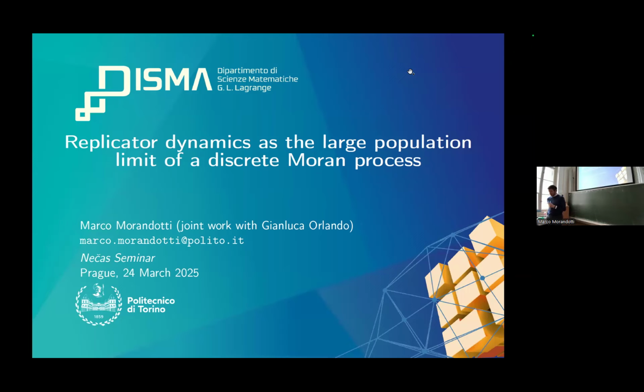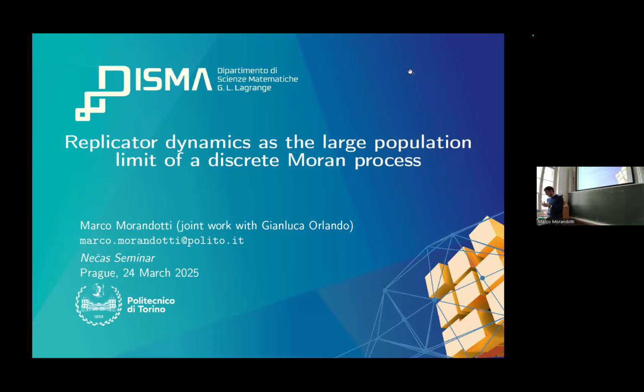In the Moran process, it's usually a time-discrete Markov chain where at each time step, you select an individual to reproduce its strategy, and then you select another individual to suppress their strategy and inherit the strategy of the individual that's been selected for reproduction. And there's a link between these two types of dynamics, because the Moran process sees the population, sees the individuals, whereas the replicator dynamics is just a mesoscopic type of description, and you only see the strategies.